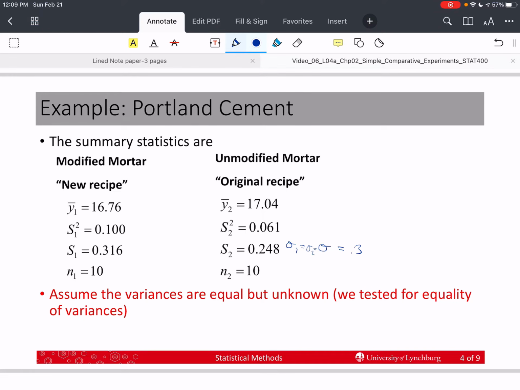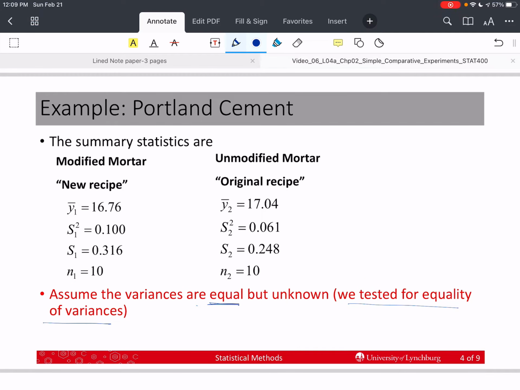Now, the real life case is we don't know what sigma is, but let's say that we have tested for equality of variances, and we've confirmed that they are equal. And we haven't talked about how to do that, but we will. So in this instance, we're going to assume the variances are equal but unknown.